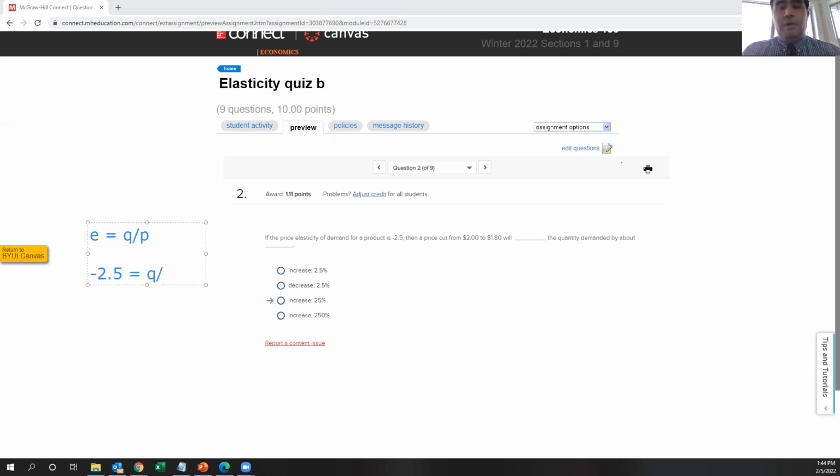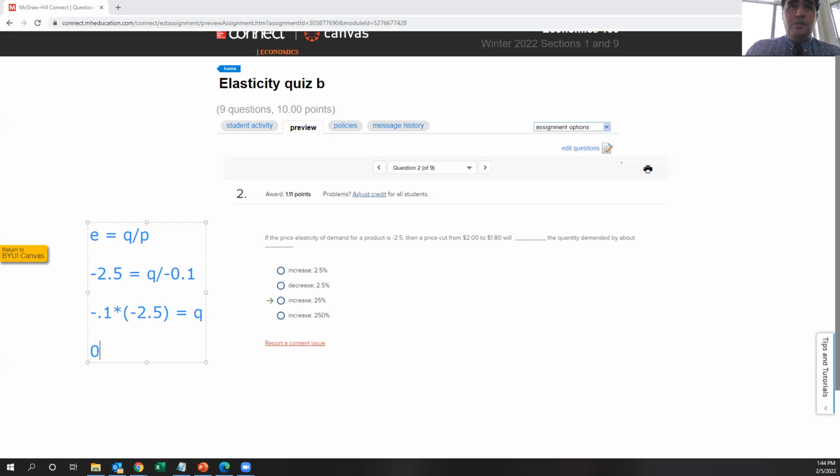So %ΔQ divided by negative 0.1, or a 10% change. And if we multiply both sides by negative 0.1 times negative 2.5 equals %ΔQ, the two negatives cancel each other out.